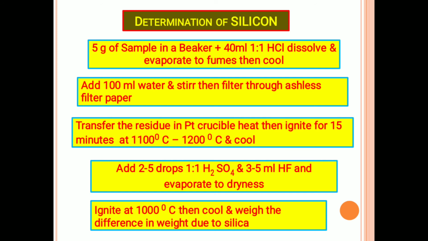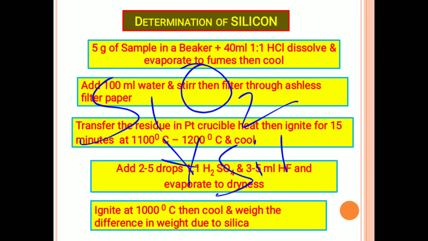After the cooling process you need to add 2 to 5 drops of 1 is to 1 H2SO4 and 3 to 5 ml HF. Initially, the silicon which is present in the sample will be converted into silicon dioxide, that is silica. If you add H2SO4 and HF, then this silicon dioxide will be converted into silicon tetrafluoride, which has a volatile property.